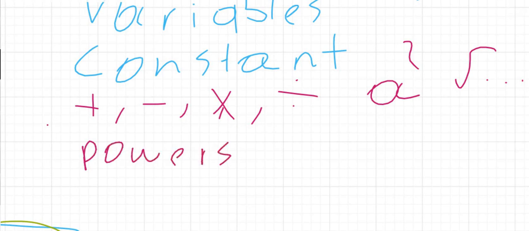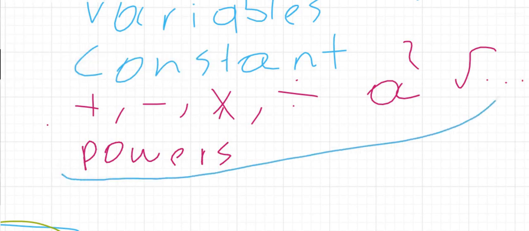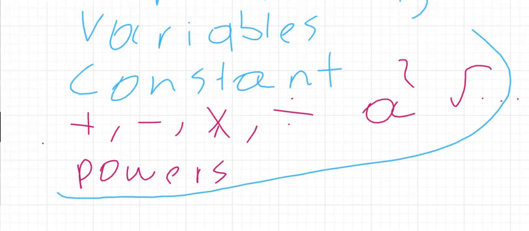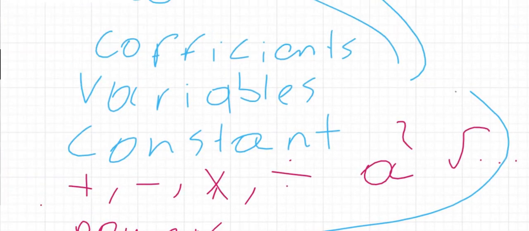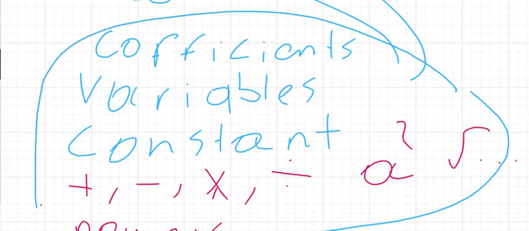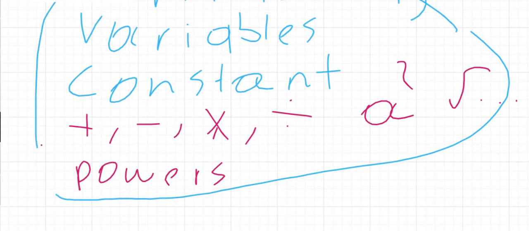So when you look at an algebraic expression, it should consist of a coefficient, variable, constant, mathematical operations such as addition, subtraction, multiplication, division, square, or square root, and also power.